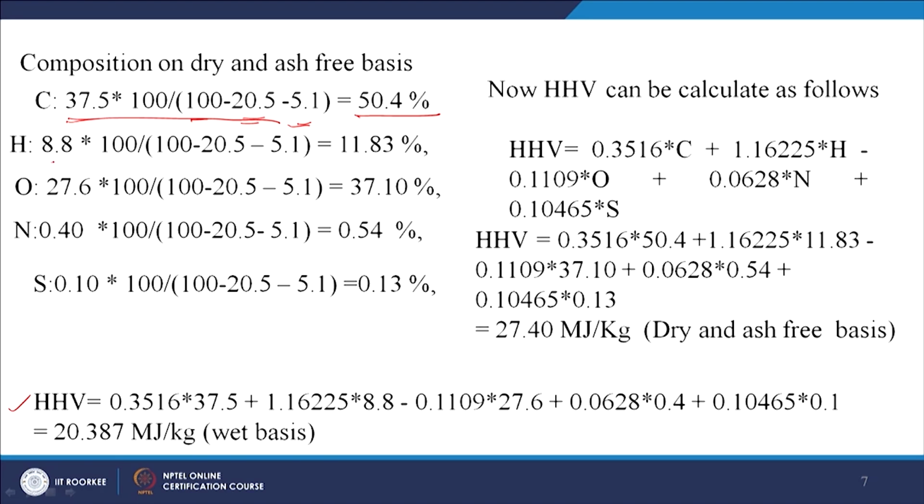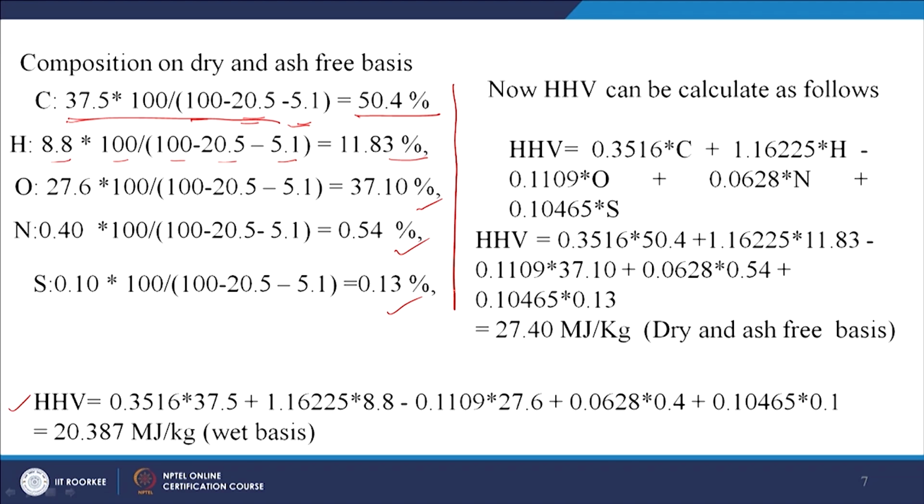Similarly, hydrogen we get 8.8 into 100 by 100 minus 20.5 minus 5.1, that is equal to 11.83%. Similarly, oxygen is 37.10%, nitrogen is 0.54% and sulfur is 0.13%. Now, we have the composition of different elements on dry and ash-free basis.